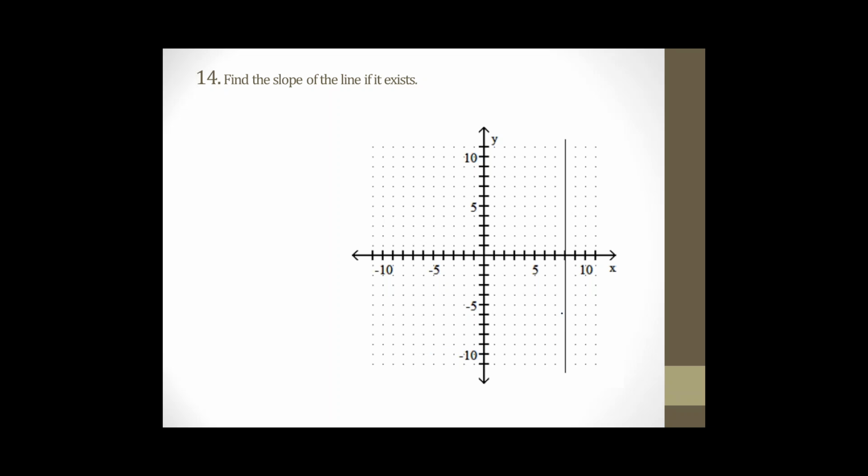It would be the vertical line, which is this, and then you could also have the case of a horizontal line. So one of them is 0 and the other one is undefined. Do you know which one this line is? I'm going to give you a second to type in whether this one is undefined or 0.